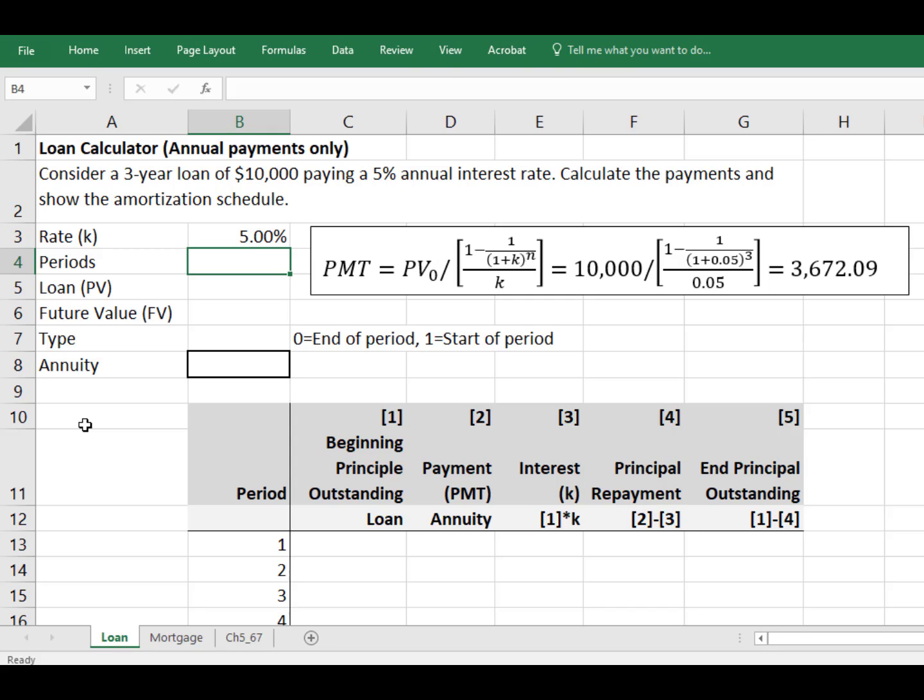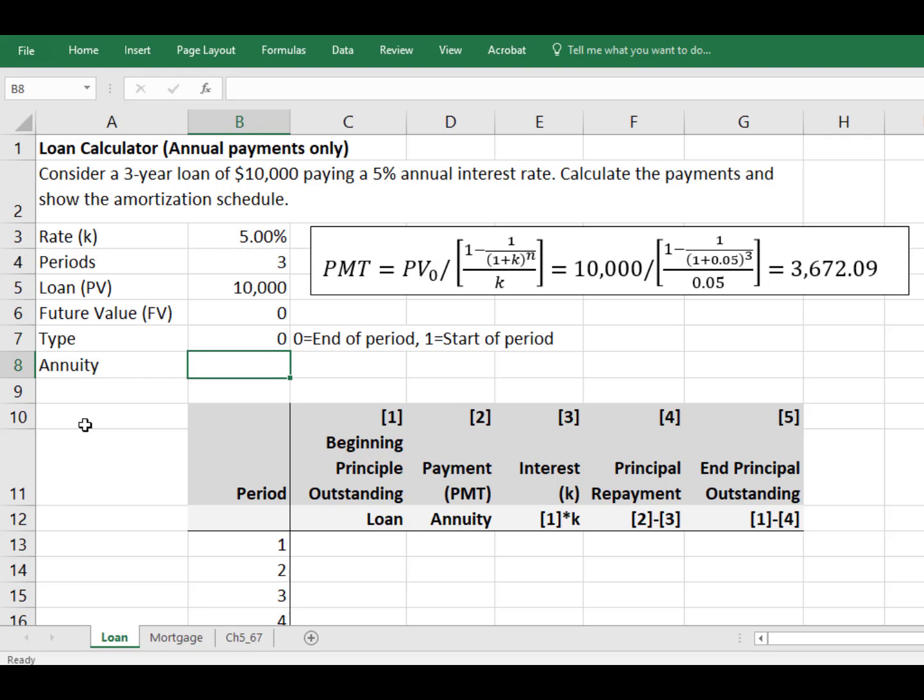Number of periods, it's going to be 3 periods or 3 payments. The loan value is $10,000. And the future value is going to be how much of the loan is outstanding at the end of 3 years. We have to pay off the complete loan, so the value is 0. The type, almost always in finance, we're going to be dealing with end of period payments, and so the type is going to be 0.